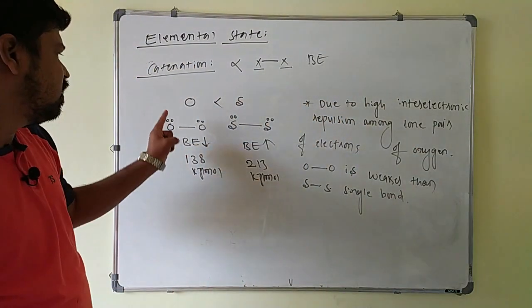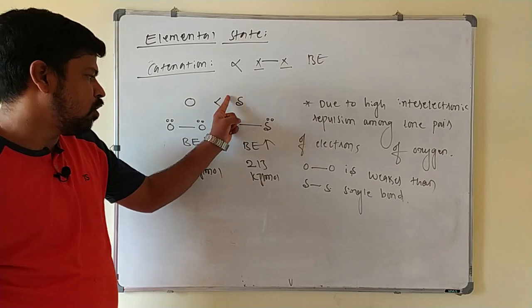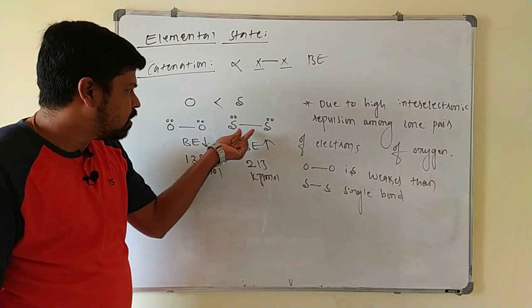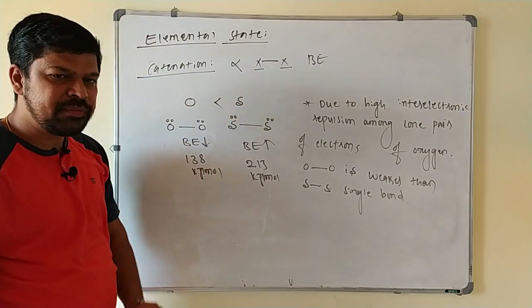Because of this its bond energy is less, and here bond energy is more. So the catenation property will be maximum for this one, because as the bond strength increases, catenation property increases here.